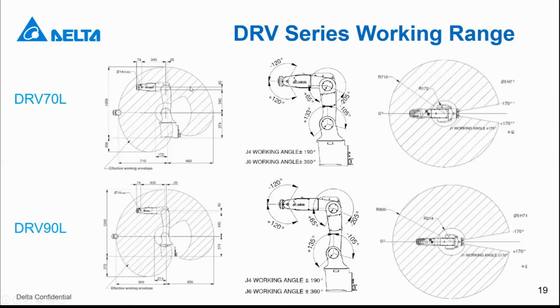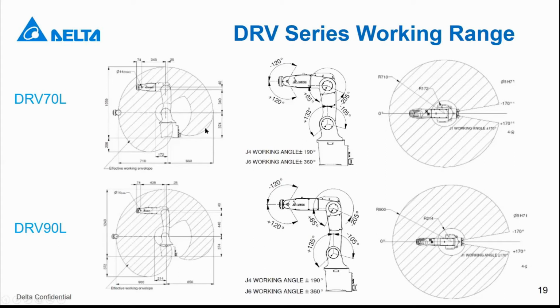And on the left, you can see the side view of the robot. The range is also very wide. This is 700 millimeters because it's the DRV 70L series. That means from the center to here will be 700 millimeters.